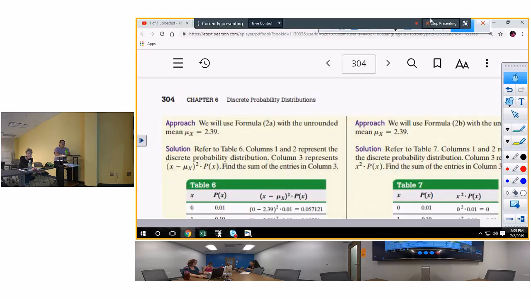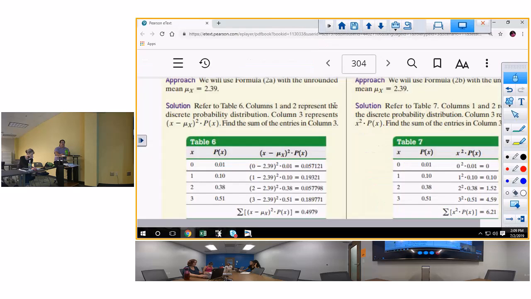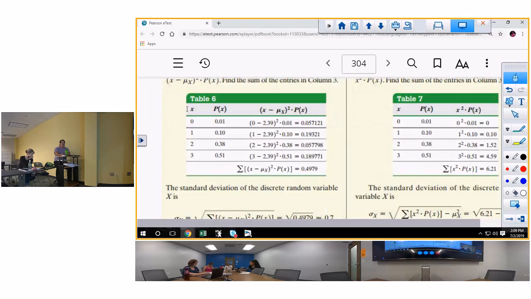Okay, it's not going to let me, but I don't want you to just write down this right here. 0.01, 0.10, 0.38, 0.51. 0, 1, 2, 3. I'm going to write it down, and I want you to write 0, 1, 2, 3, 0.01, 0.10, 0.38, and 0.51. Because what I'm going to do is go to the handy-dandy spreadsheet.